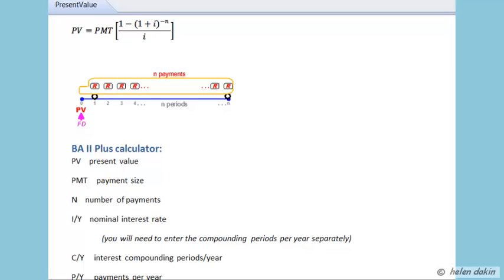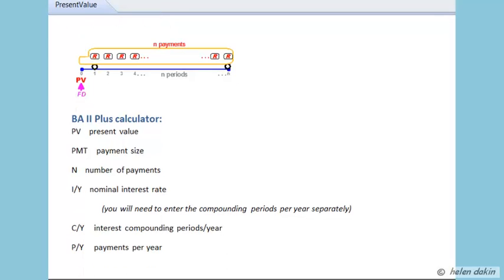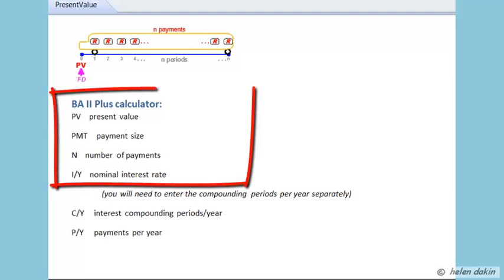So this is what a time diagram looks like for an ordinary simple annuity, where we are setting the focal date to be today's date for the present value. If you explore your BA2 Plus financial calculator closely, you will see that there is a row devoted to the annuity functions, with PV for present value, PMT for payment size, N for number of payments, and I/Y for the nominal interest rate.